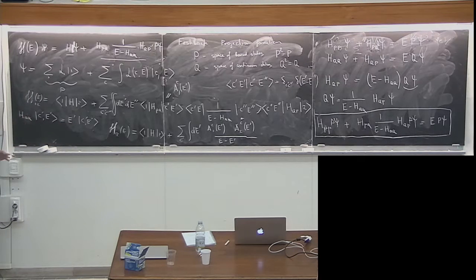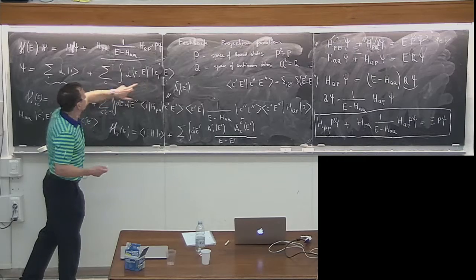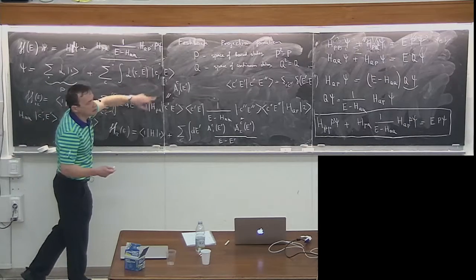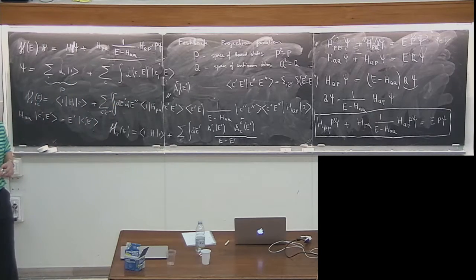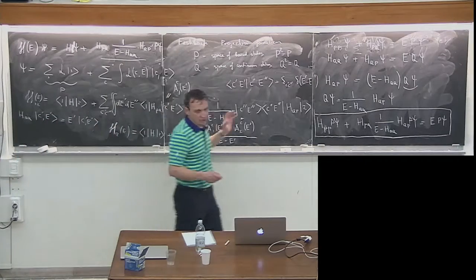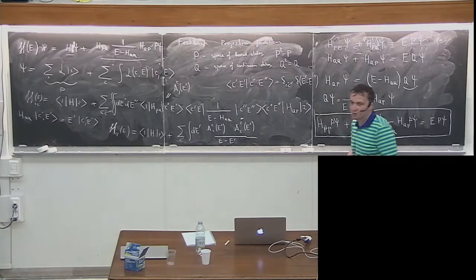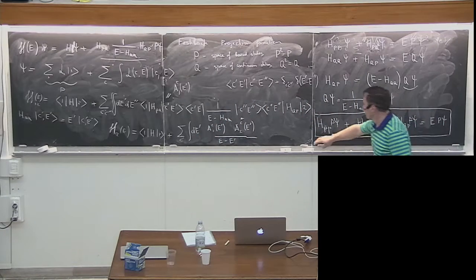What I also assume is that the spaces are orthogonal: state 1 and the continuum states are orthogonal to each other, so their overlap is 0. That is the assumption that I presented here, although it can be lifted. It's not necessary to have that assumption; it's a somewhat more complicated derivation, but it can be easily removed.